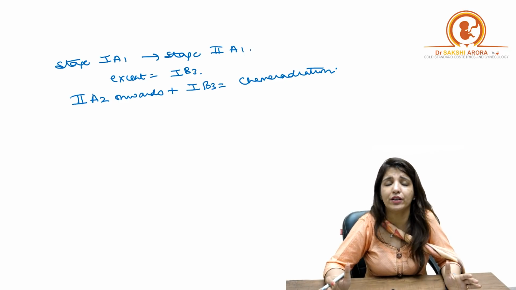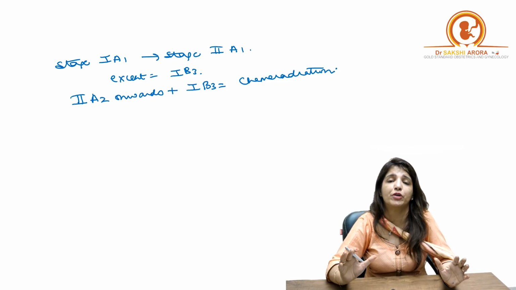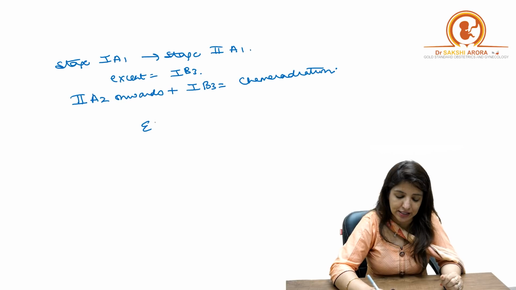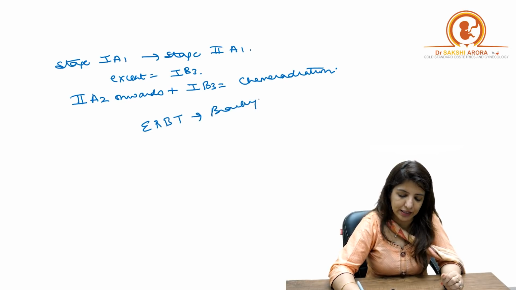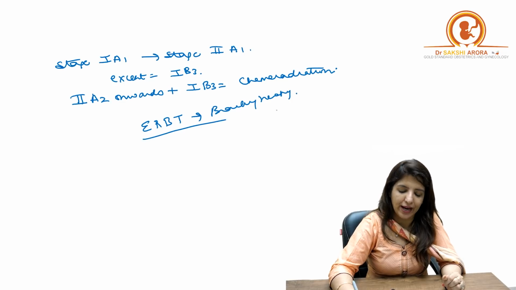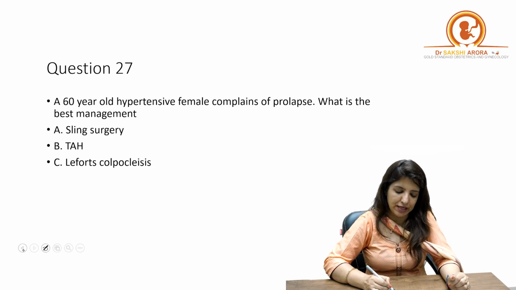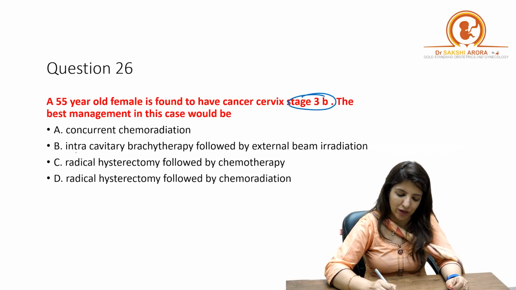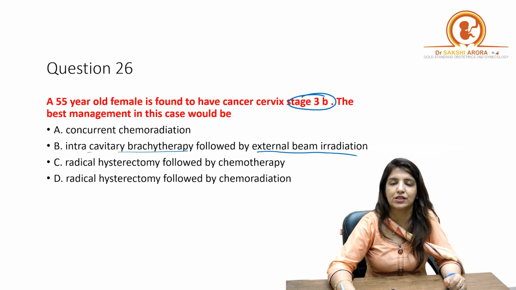Now when you are doing radiotherapy, please remember, children, first we are going to give them external beam radiotherapy followed by brachytherapy. Right? Whenever you are giving radiotherapy in cancer cervix, that is what you do. Why I am telling you this is because in one of the options it was written intracavitary brachytherapy followed by external beam radiation.